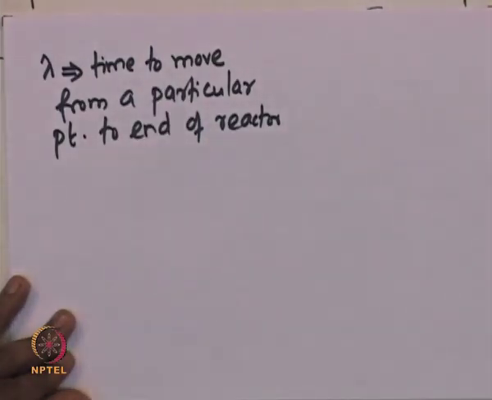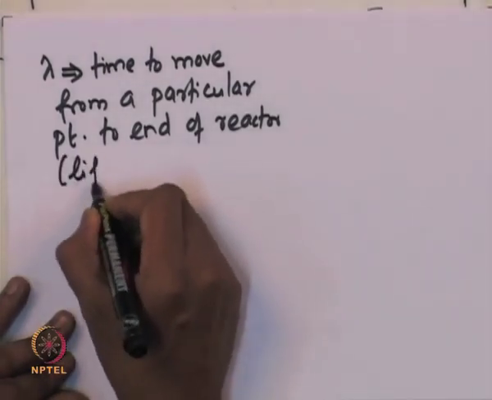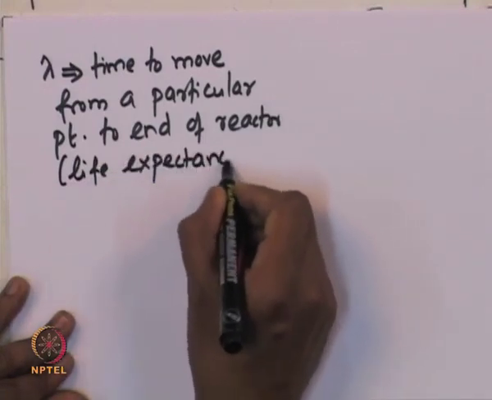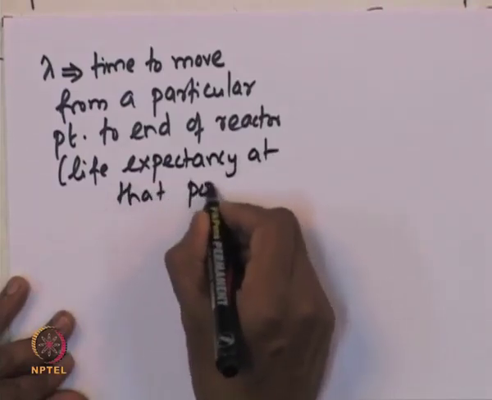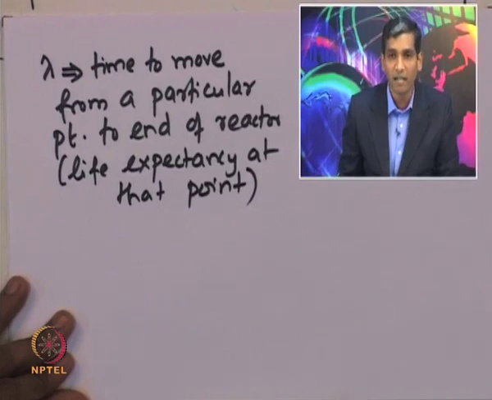Remember that we now represent the non-ideal reactor using a plug flow with a side stream at different locations along the side of the plug flow reactor. So, this also reflects the life expectancy at that point. That is the amount of time that the fluid particles are going to spend inside the reactor, which is fed into the reactor at that point on the side.